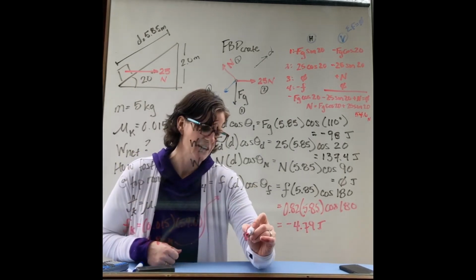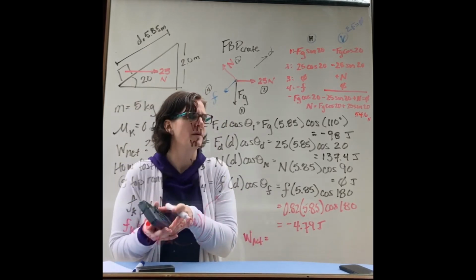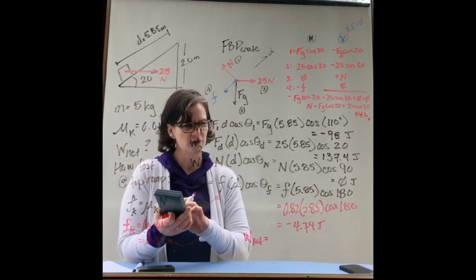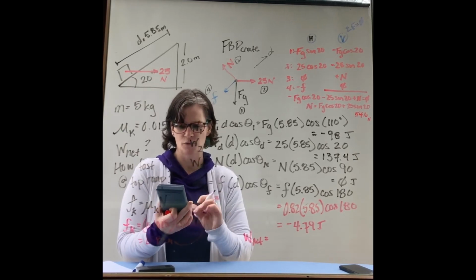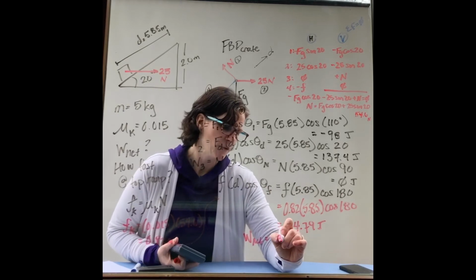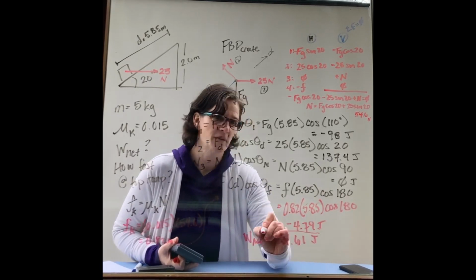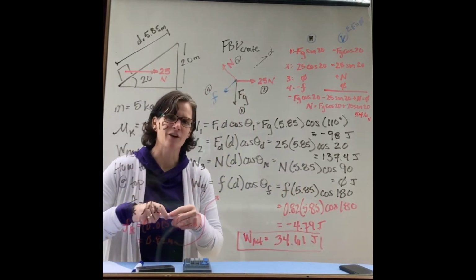And so we see here then that our net work, part 1 of our problem, is -98 plus 137.4 minus 4.79 joules, 34.61 joules. So that is our total work being done on the crate.